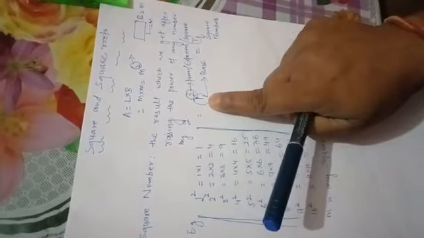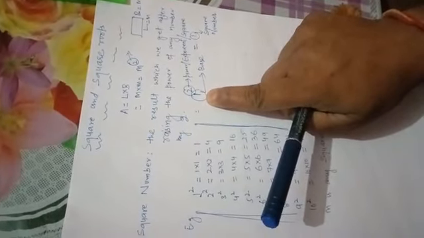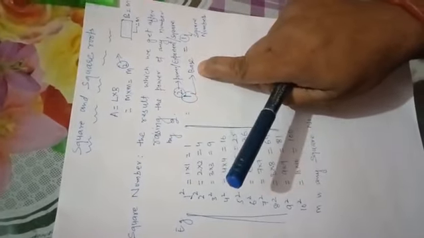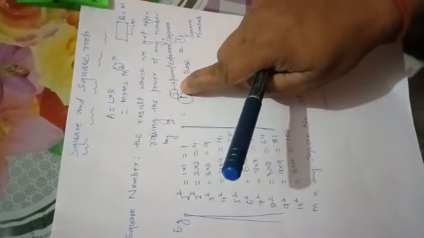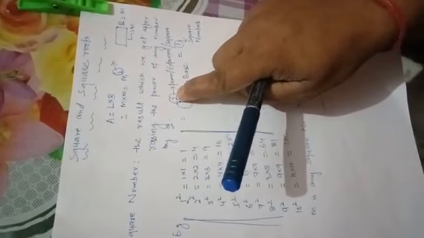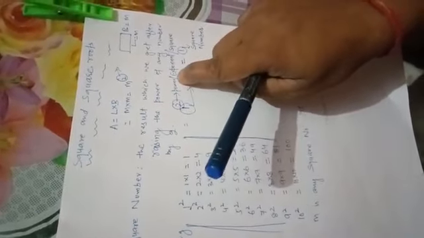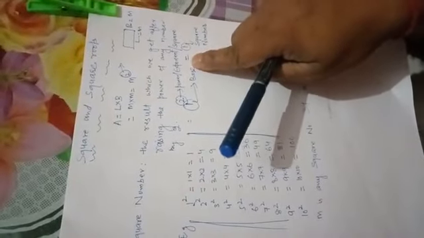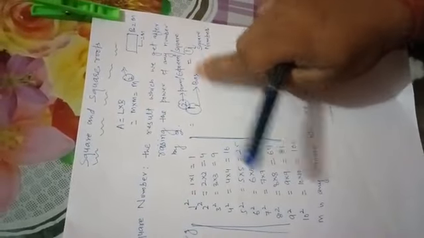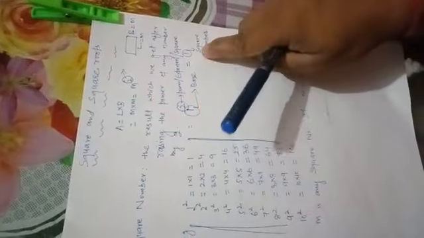The number which is raised to a power is called the base. The power which we are putting on the base is called the exponent or power or square, and the result which we are getting after squaring a number is called the square number.